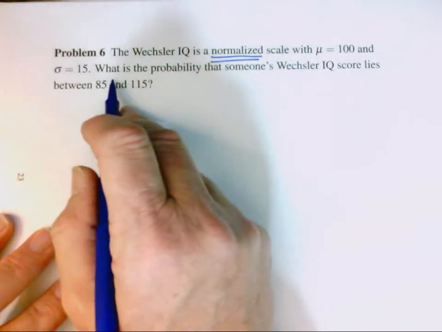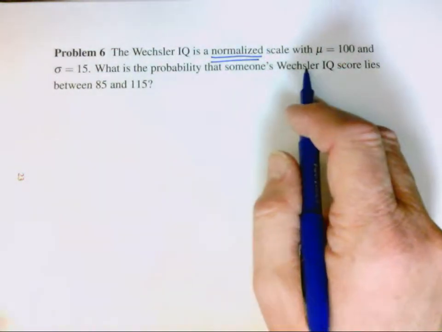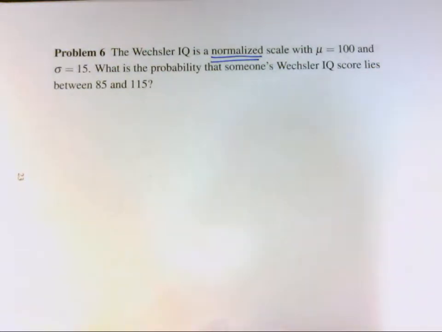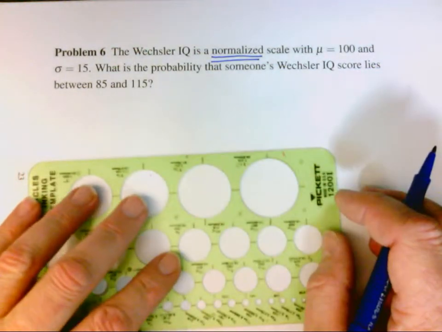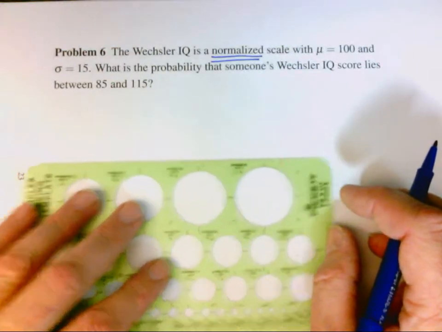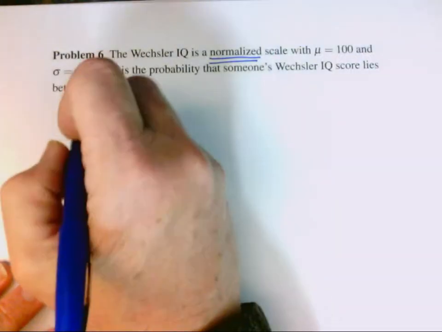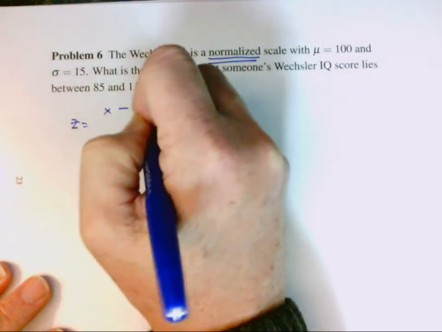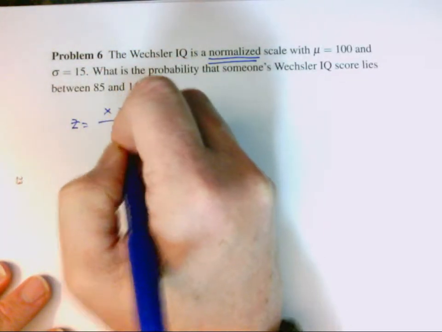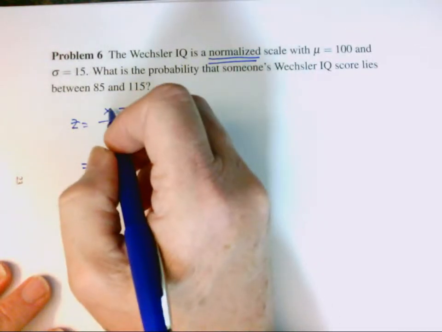So what's the probability that someone's Wechsler IQ score lies between 85 and 115? Well, if you compute the z's for this, so z is x minus mu, always write the formula down first. That's the standing instruction.